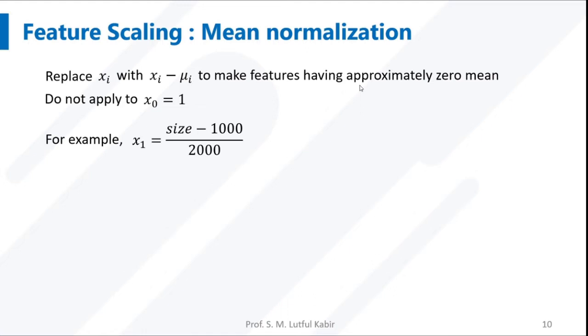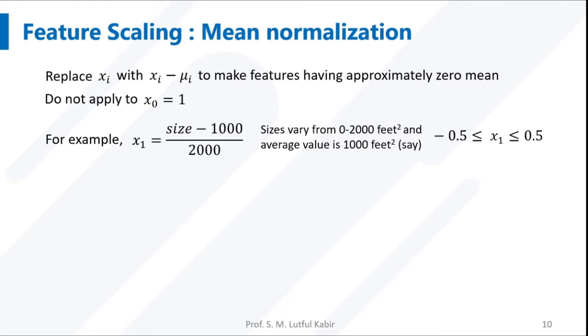For example, the formula for x1 can be size minus 1000 divided by 2000, where 1000 is the average value and size varies between 0 to 1000. So the maximum value is 2000 or the range is 2000. So size minus average and then the range. And x1 will be converted into -0.5 to +0.5.